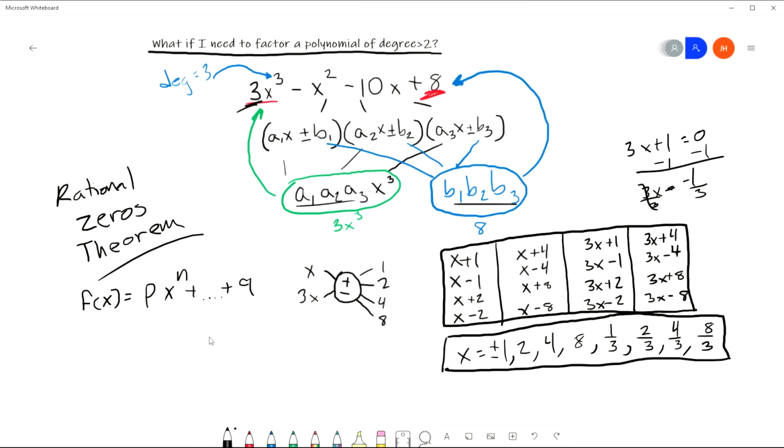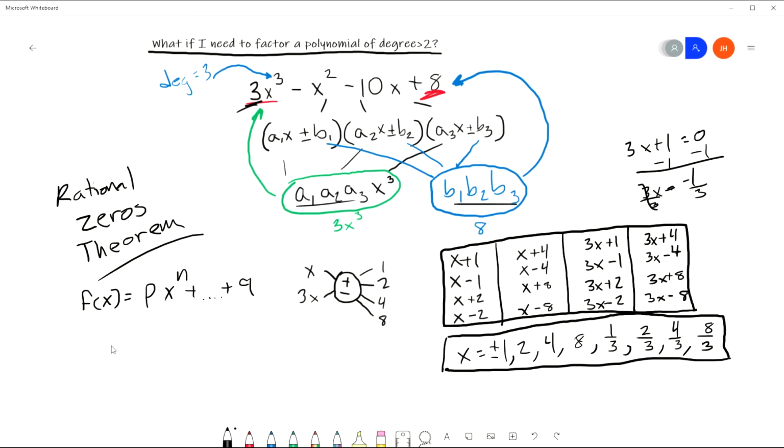So p is just a placeholder for the leading coefficient, and q is the placeholder for the constant. So what happens if I have a polynomial of this form, where p is the leading coefficient and q is the constant?